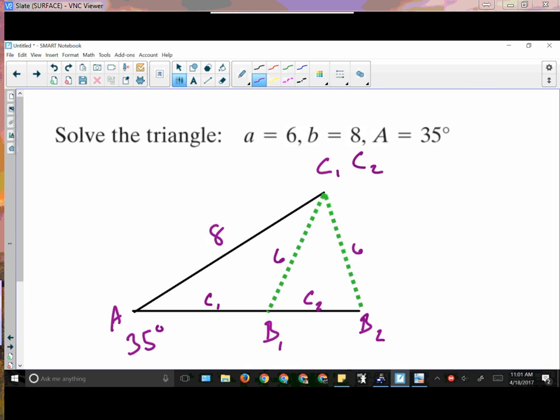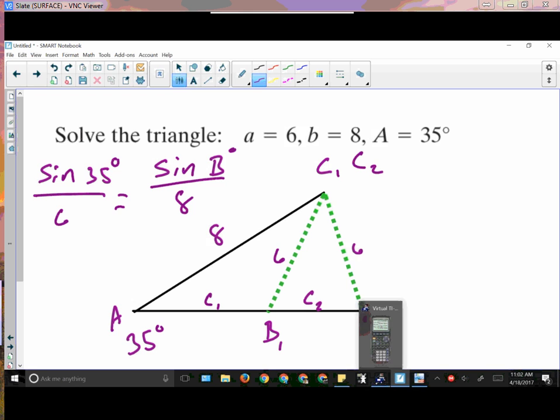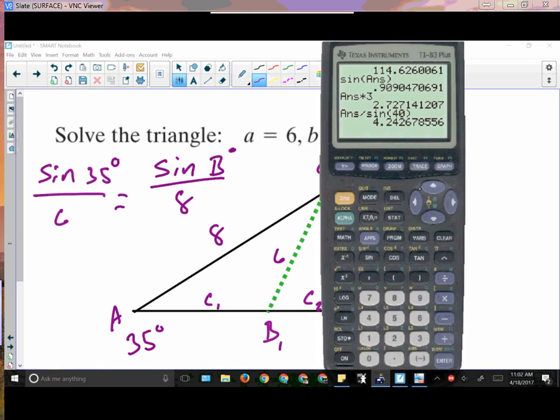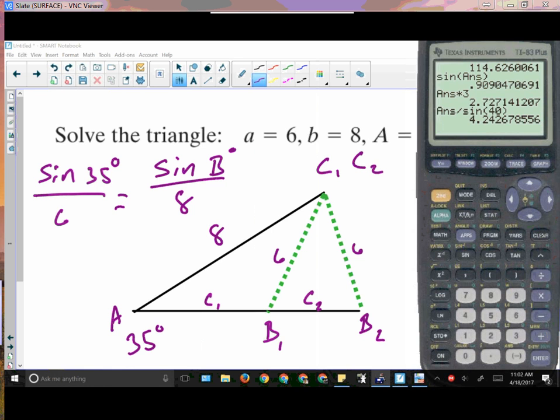So when you draw it out, you can still go through and work it out. The value here is going to be one of two things, right? So I'm going to have this set up with the sine of 35 degrees over 6 equal to sine of B over 8. Now, hopefully you're starting to say, well, hold it a sec. How can the calculator give me another possible value out of this?